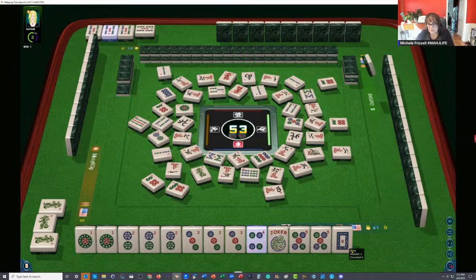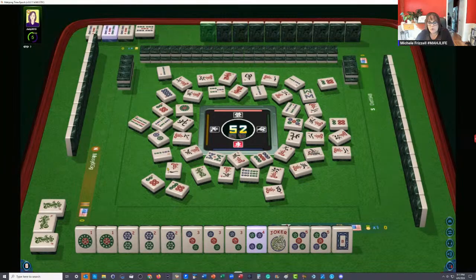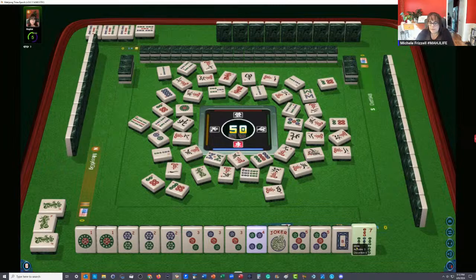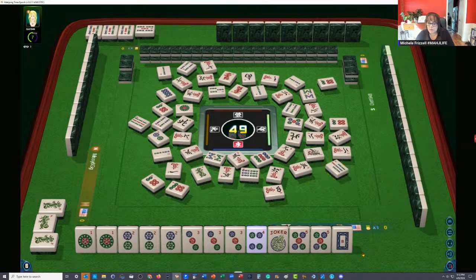It's a gap hand. 6 characters. But until we get a 4 dot, we're kind of stuck a bit. 7 characters. How many 4 dots are out? None. 5 bamboos. I think I would let the white dragon go unless we get one. 4 bamboos. 7 bam. 50 tiles remaining. 7 bamboos. We probably need to let that dragon go pretty soon, like in the next pick, because that is going to get more and more risky as the game goes on.